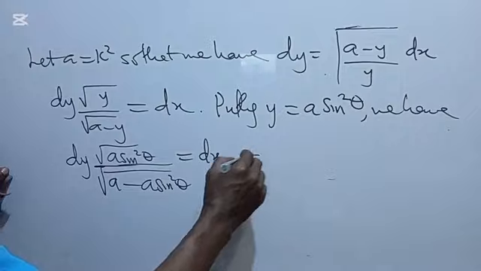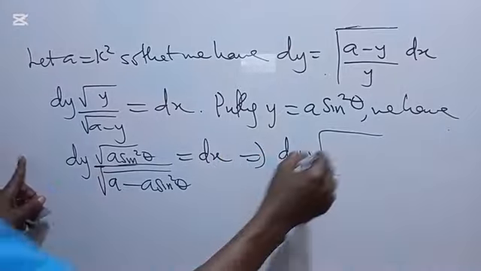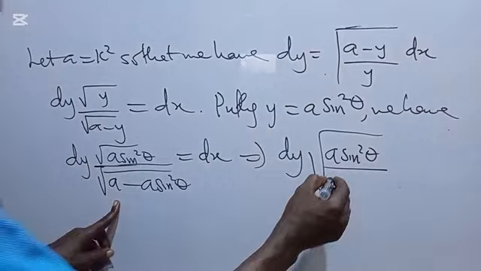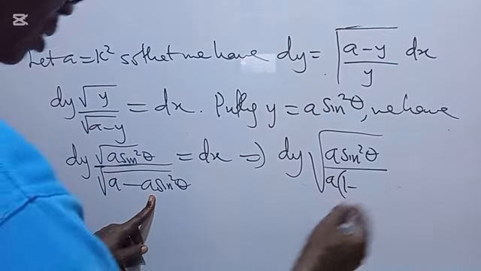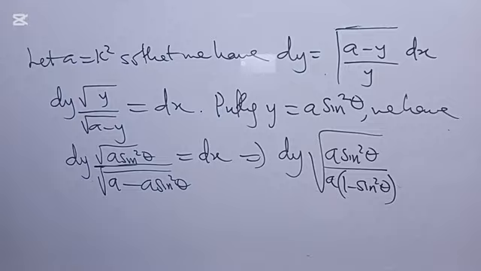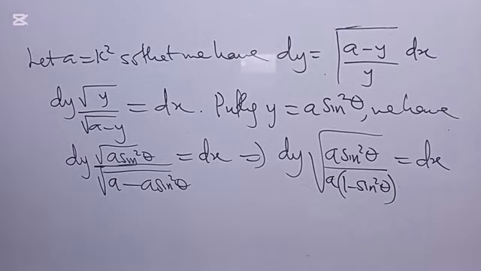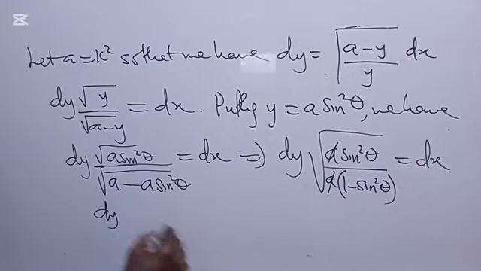So this implies dy root (a sine squared theta) all over root of a times (1 minus sine squared theta), because a is common there, equals dx. Are we following? Now the a in the numerator will cancel the a in the denominator.